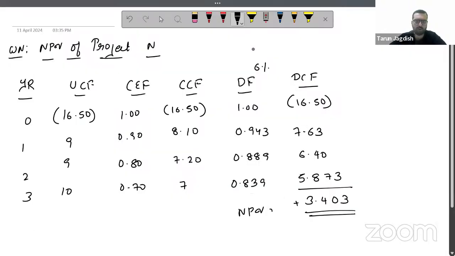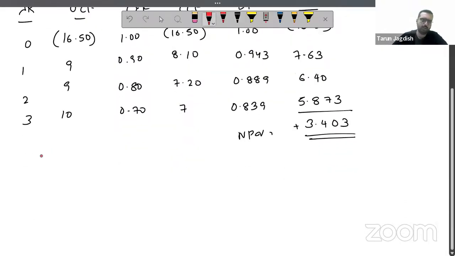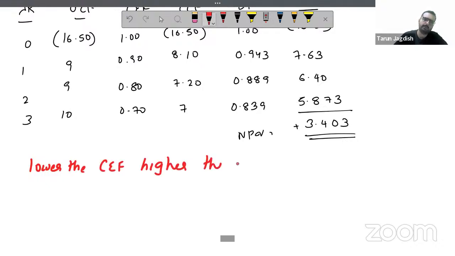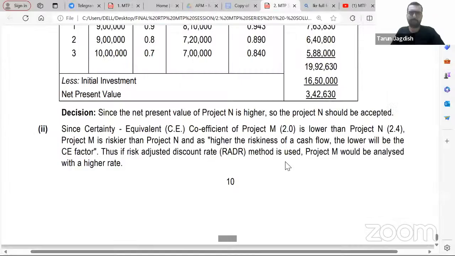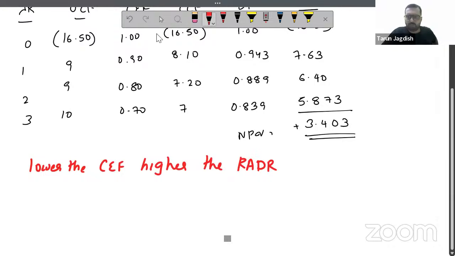So you can just write down one note below so you don't forget. Lower the CEF, higher the RADR. Friends, with this, we are done with this question also, and we are done with MTP series number 1.